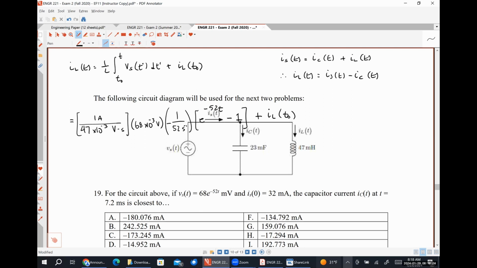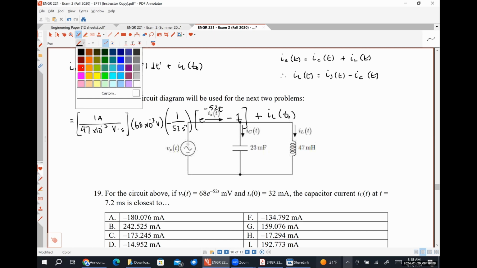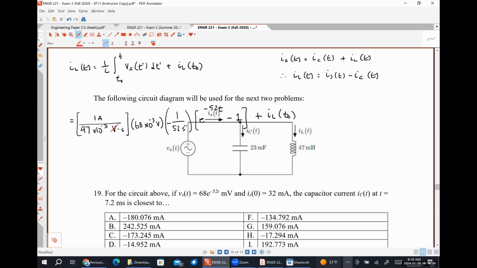So if we look at the units, this volt cancels this volt. I have seconds and per seconds, so those cancel each other out. So the only unit that I have is amps on top, so all of that works okay.